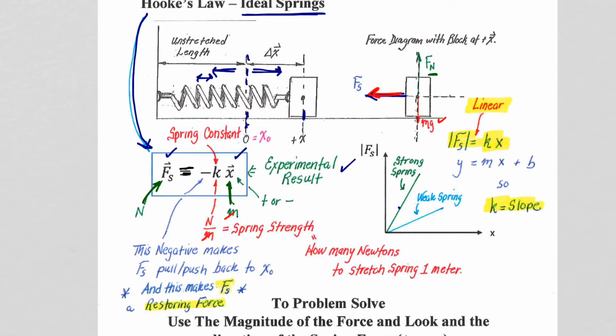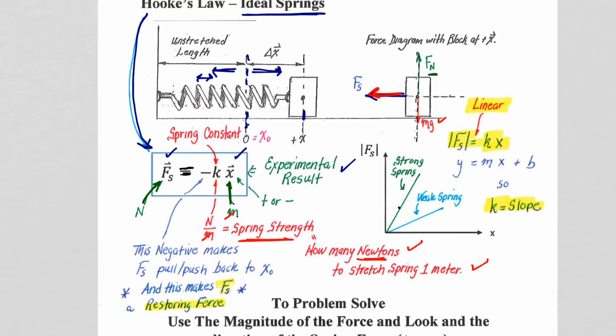And newtons per meter, that spring constant, you definitely want to think of as a strength parameter, meaning read it literally, newtons per meter. How many newtons it takes to stretch a spring 1 meter. So the bigger that number, the more newtons you need to stretch the spring 1 meter.